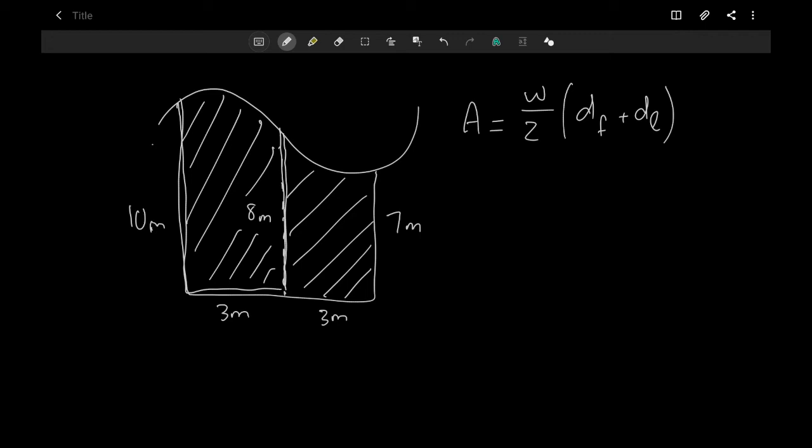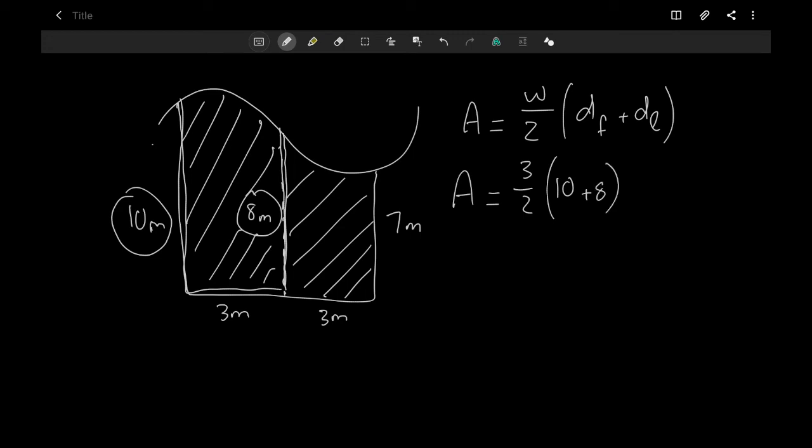So let's do the area of the first shape. We know W for that is 3 over 2. dF for the first shape is 10. dL for the first shape is 8.